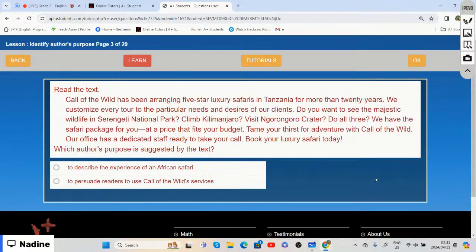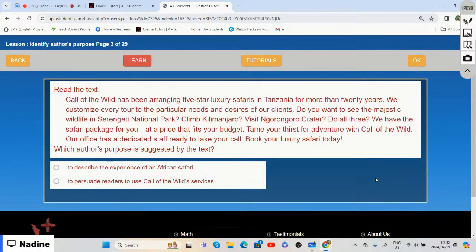Okay, so we're going to read this text and then we're going to say which author's purpose is suggested by the text. All right.